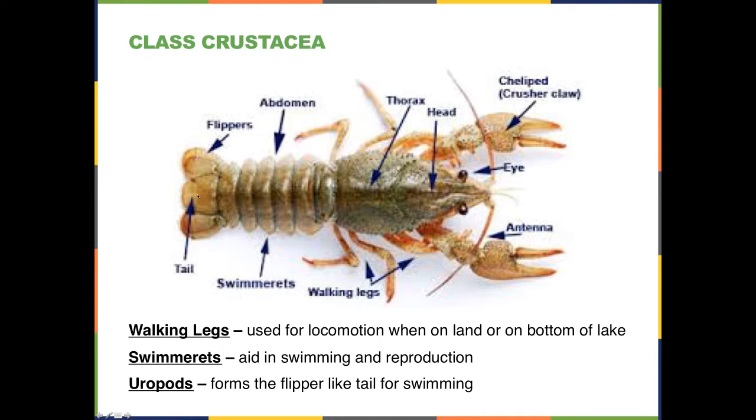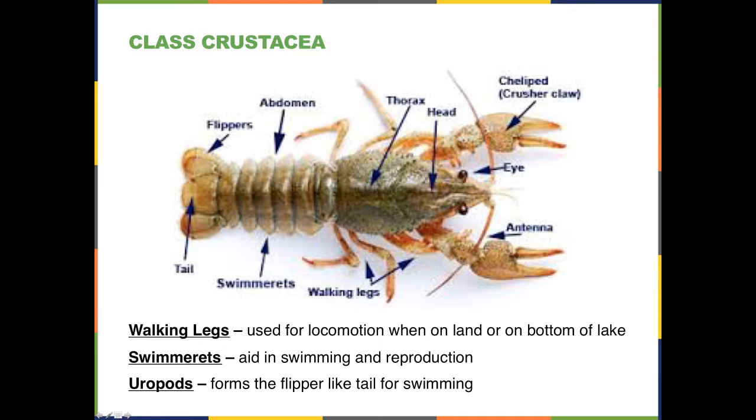The uropod combined with the telson, this is the telson here, the uropods are on each side. This aids in swimming, and the interesting aspect of this organism is it swims backwards because this uropod flips from posterior to anterior, and the organism swims such that it moves tail first with the head and claws dragging behind.